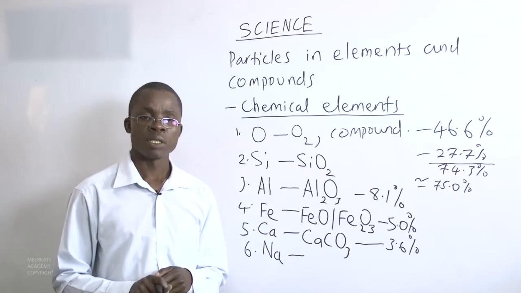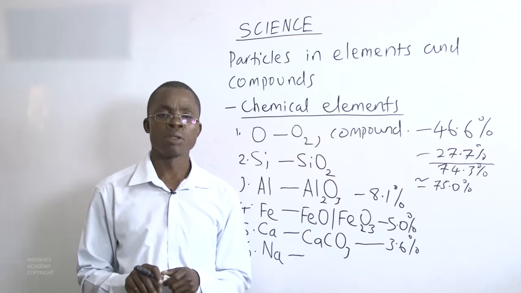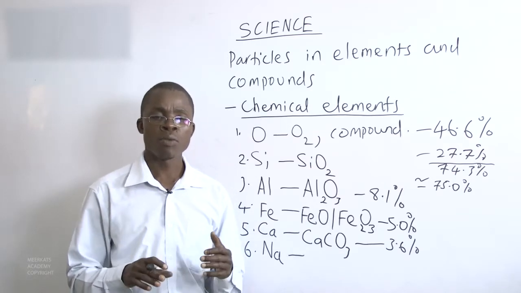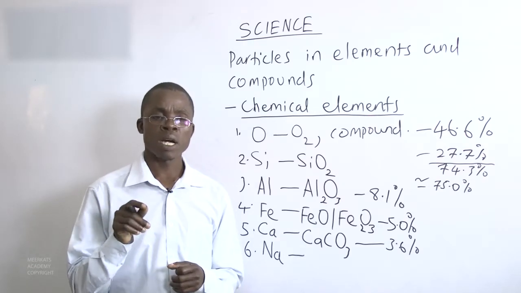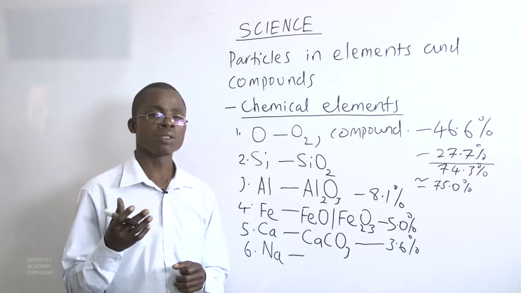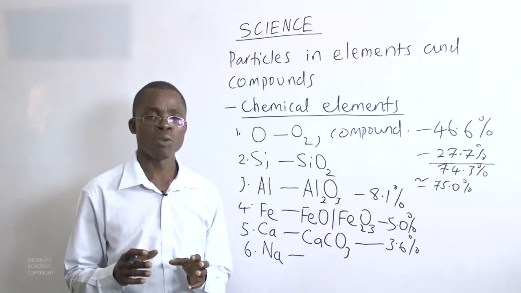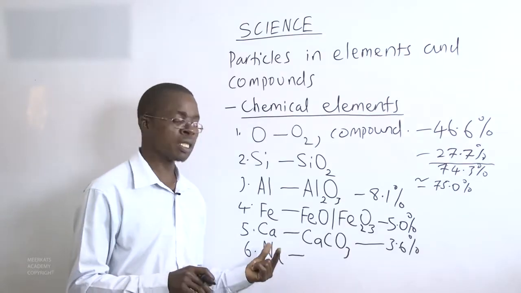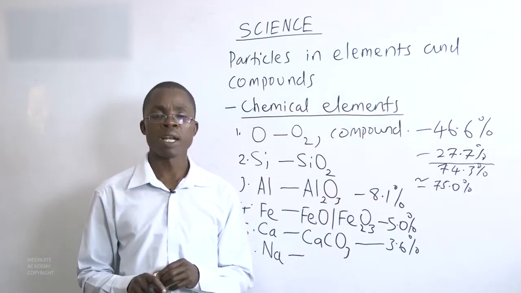Now, in compound form, we have things like wood ash. Imagine there is so much firewood being used all over the world. When you burn firewood, you form ash. If you make a solution out of the ash, what you can call a wood ash solution, and you test it, you will discover that the solution will be alkaline.